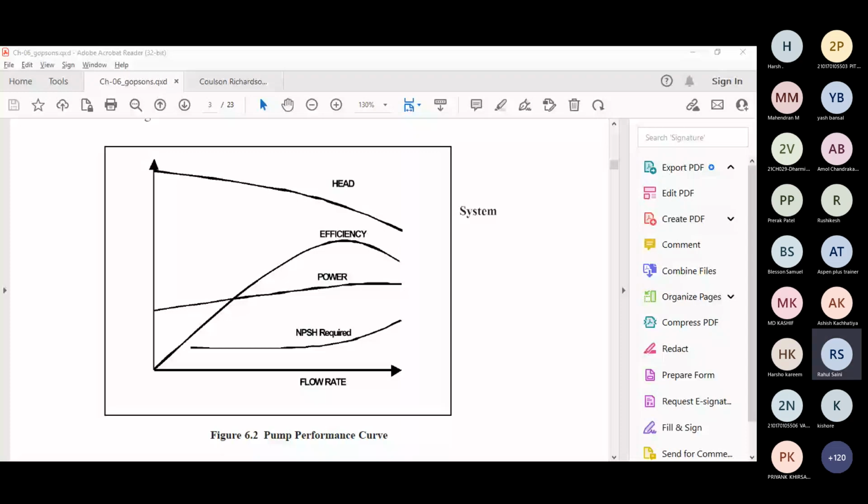Correct? There is one doubt also. Can we use a positive displacement pump for class A solvents? Class A solvents you can definitely use, not an issue, but you should have safety measures. For high pressure, you should have a PSV.